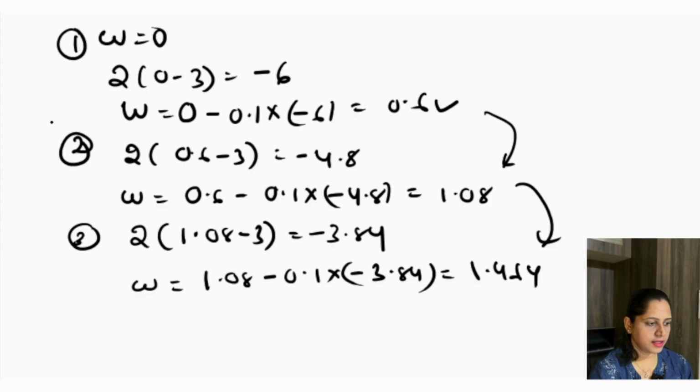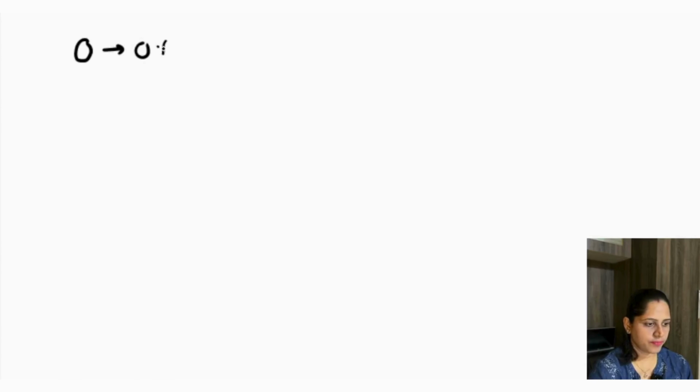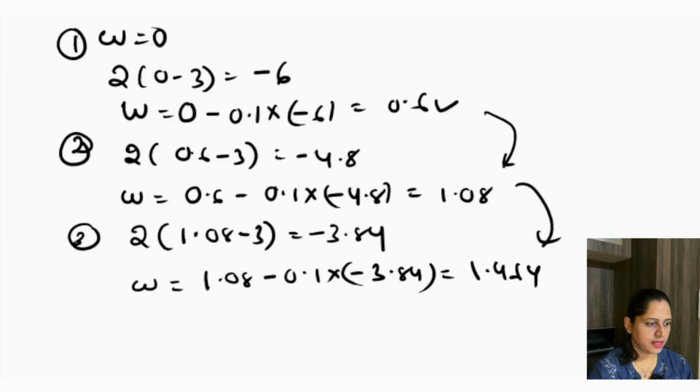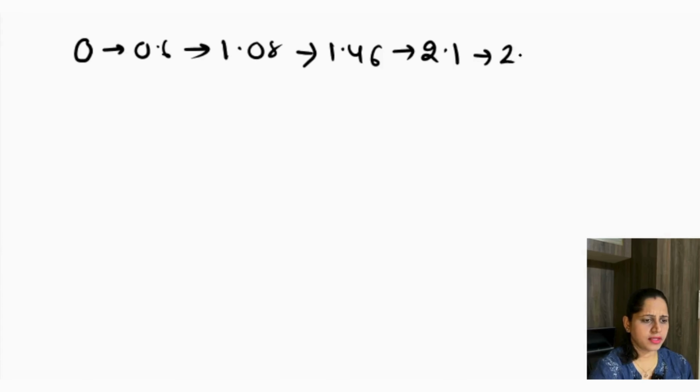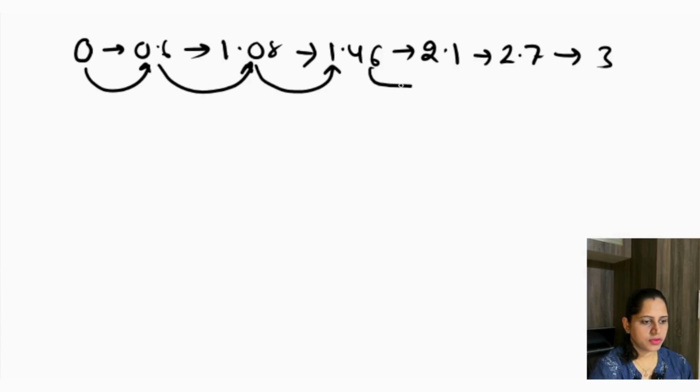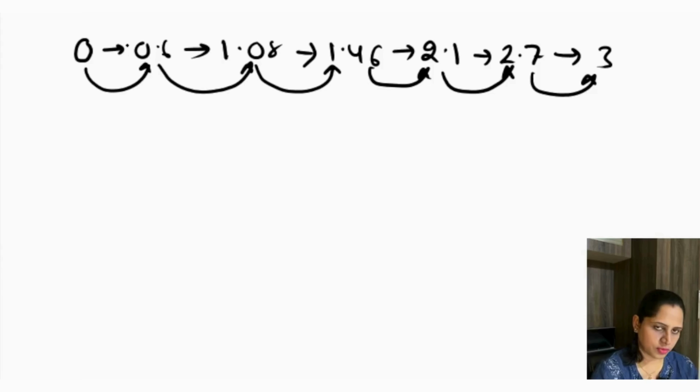Then it went to 0.6, then 1.08, then 1.46. Then imagine that it will reach 2.1, then 2.7, then 3. So to reach 3, it took how many iterations? 1, 2, 3, 4, 5, 6. 6 iterations it took.